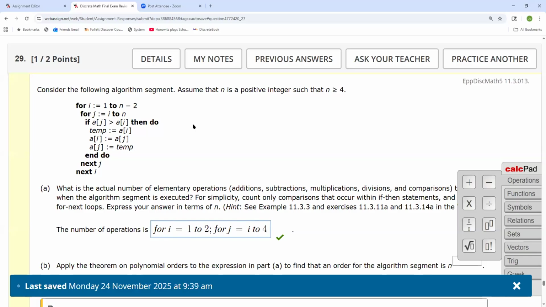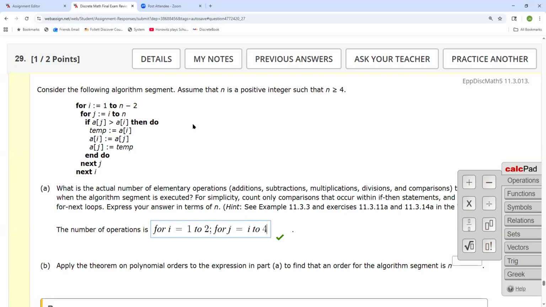But within the inner loop, it would run from i to 4. So the first time the inner loop would run, it'd be from 1 to 4, and the next time it'd be from 2 to 4, right? So how many numbers are there from 1 to 4? 4 numbers. 2 to 4 equals how many numbers? 3. So you get 4 plus 3. Okay, so for the first case, it'd be 4 plus 3.